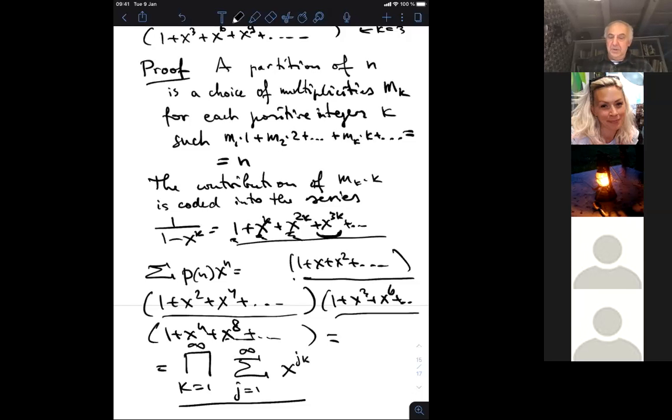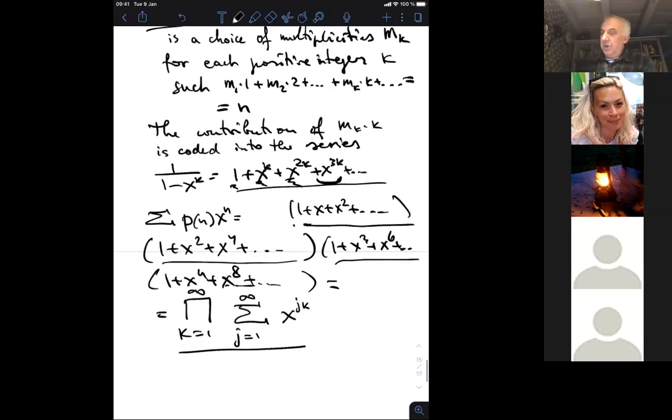Okay, so the only thing which we can probably show is that the left-hand side, this series, has a positive convergence radius, and even the right-hand side has a positive convergence radius. And then we get the equality of two analytic functions.